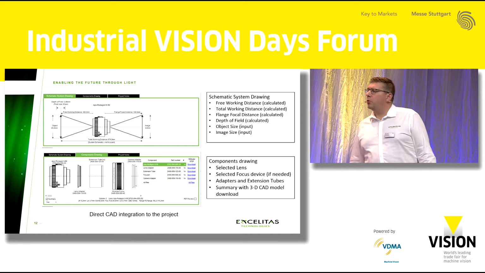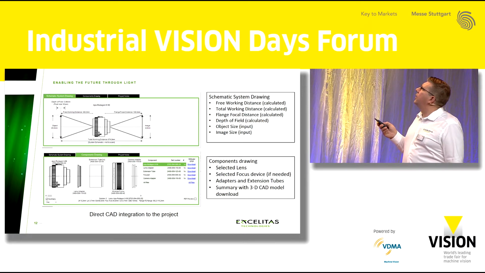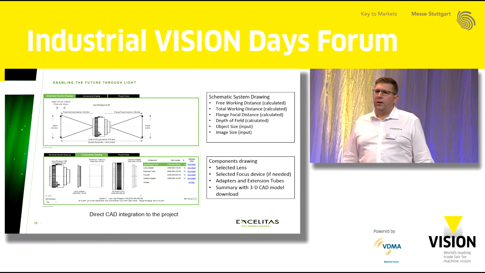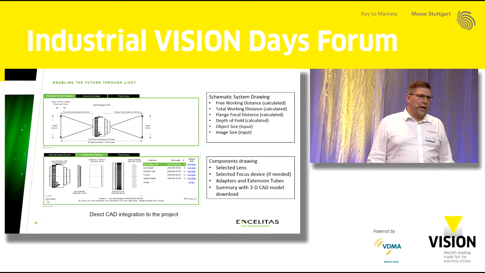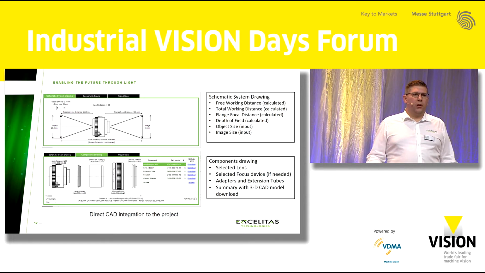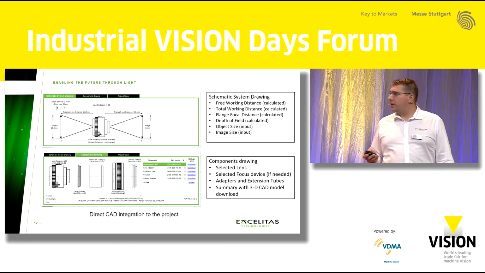And also, we provide this completely in a list, a summary, and all 3D CAD files are integrated so that you can download them completely and bring them into your project. This should help you to find the right solution and do a direct integration.